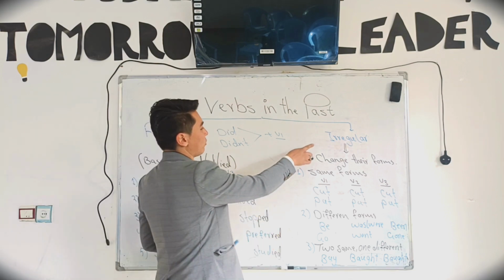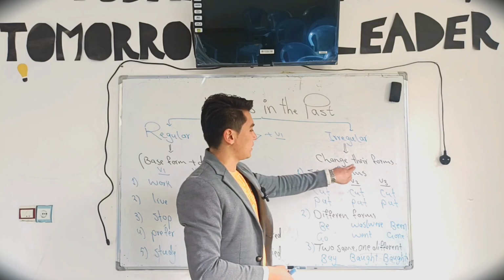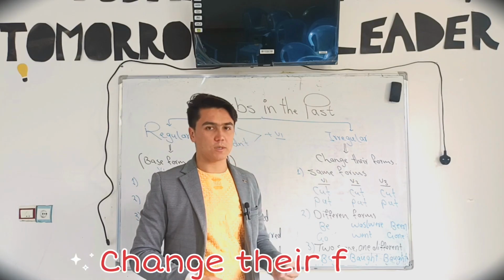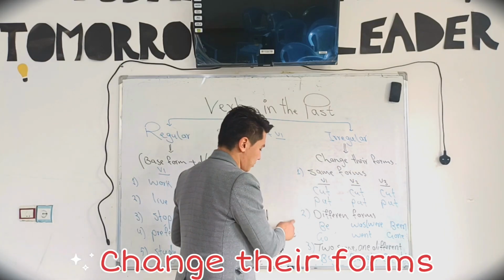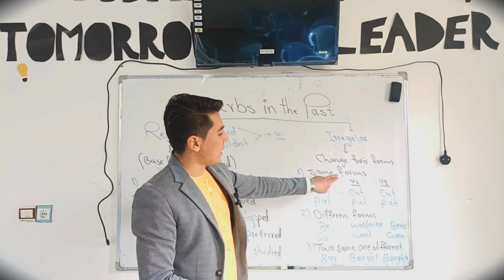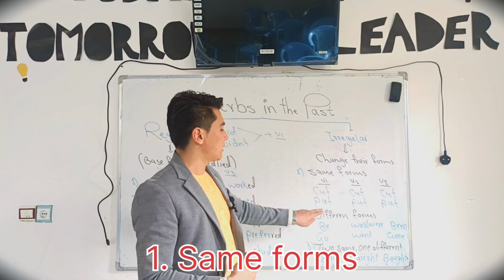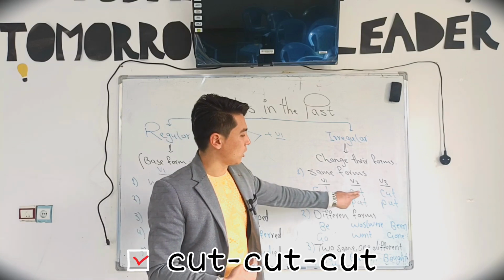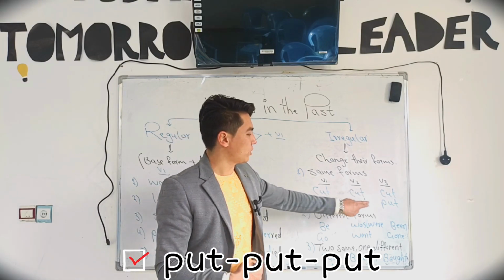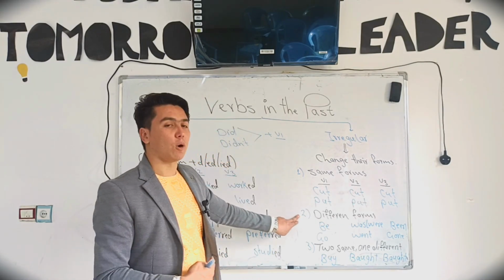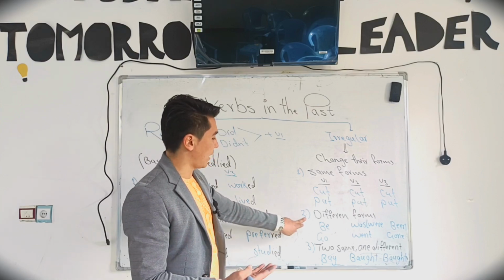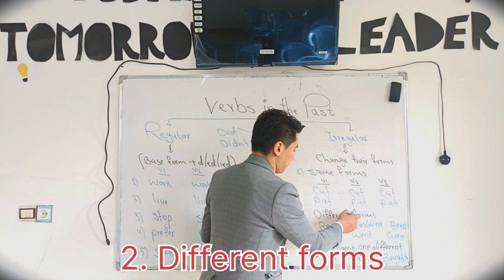Now, the irregular forms that we have. Irregular forms don't have any specific rules. They change their forms. We have three types of irregular verbs. Some of them have the same forms, for example, cut and cut, put and put. In the second type, they have different forms.